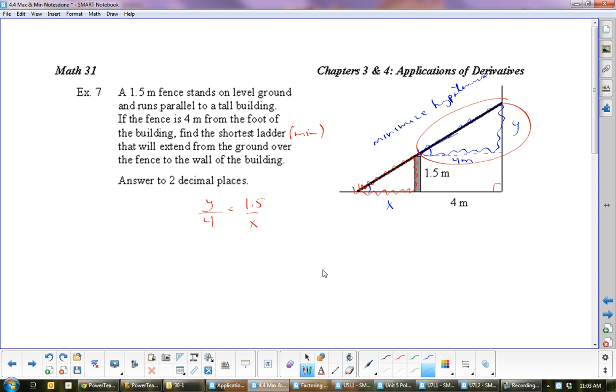Pythagoras. So if we call that, we could call it L if we want for ladder, to keep that straight. So L squared should equal 4 plus x squared, plus (1.5 plus y) squared.